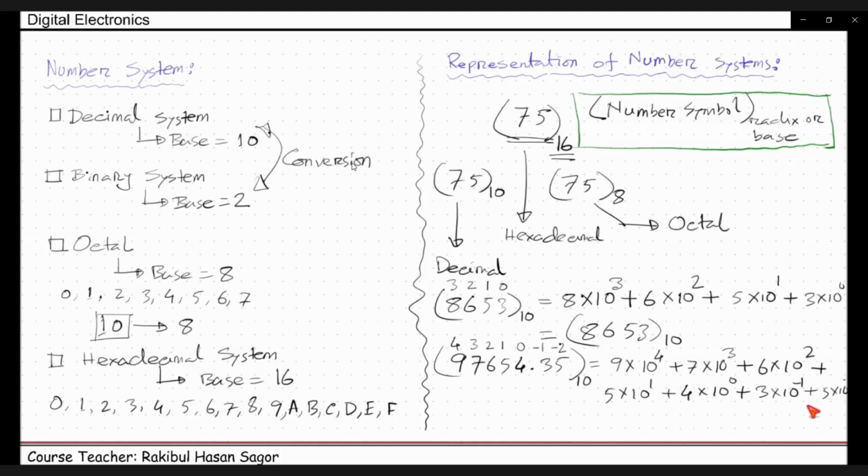This is how we express a number as the sum of values of each digit.